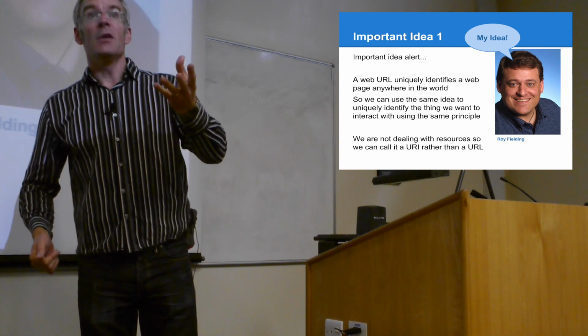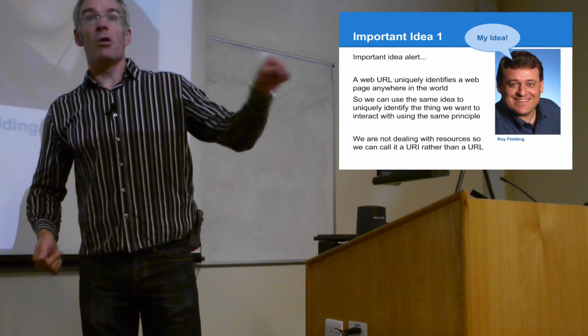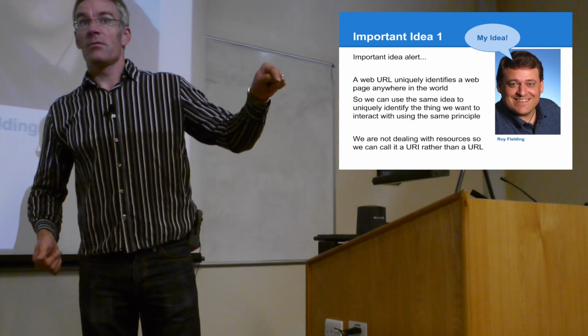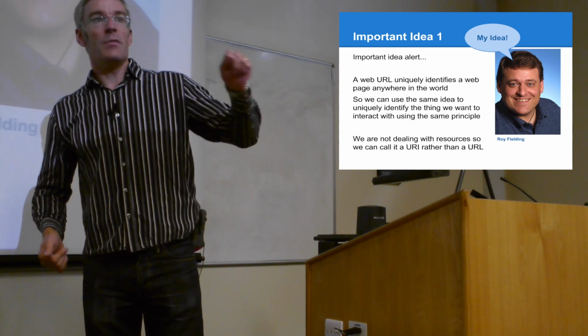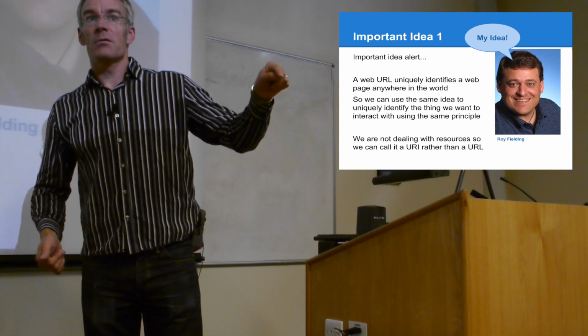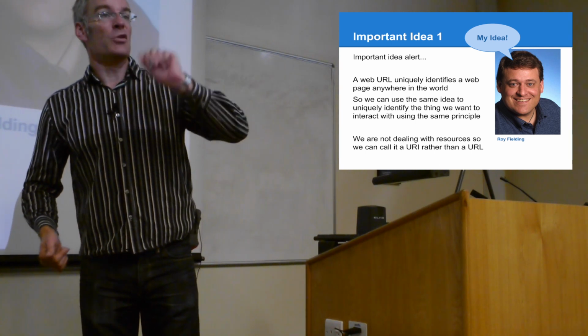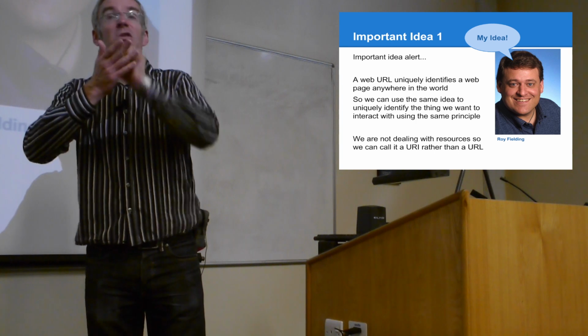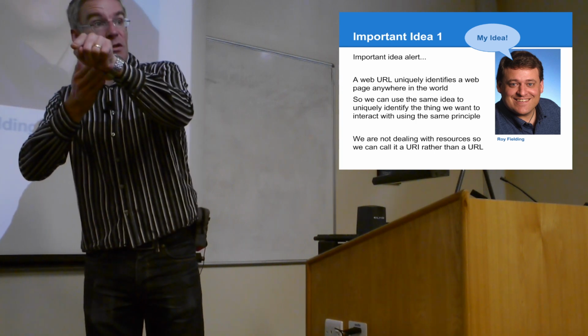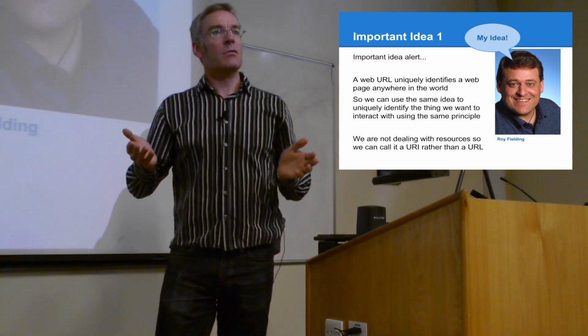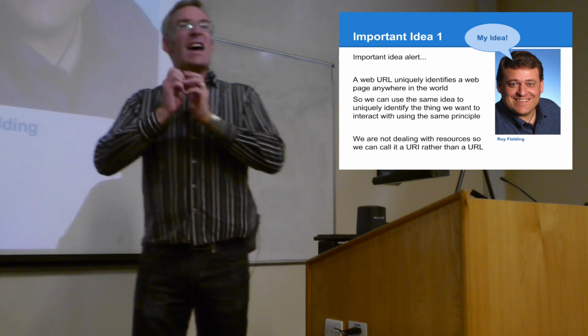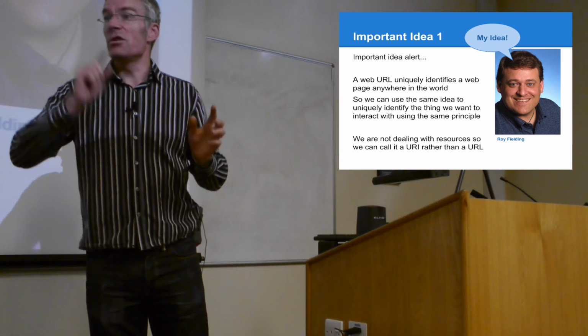Agreed? And no two resources can have the same URL. Yes? Can the same resource have two URLs? Yes, it can. But every URL points to a unique resource, doesn't it? It points to a different resource. So there's our nouns. We can identify anything on the internet using the URL.